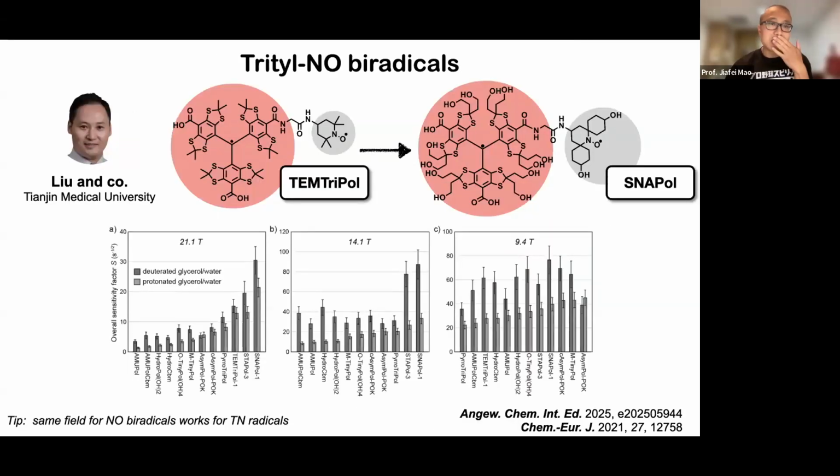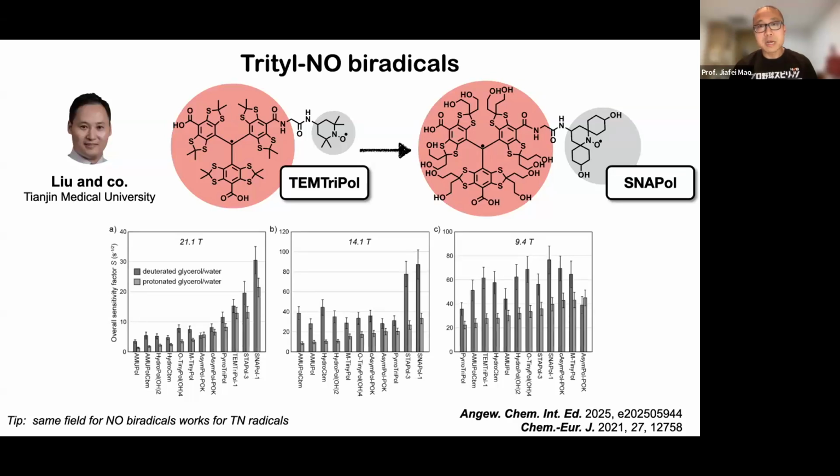And this, for example, is from my collaborator Yangping Liu's recent work. He participated in a joint comparison, kind of a competition between different radicals. And they demonstrated that at high field, really this kind of SNAPol is the winner.